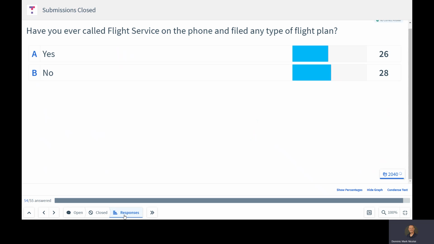All right, I'm not surprised by this one, because there are multiple ways to get a flight plan into the system. Calling up flight service is one of the methods. Obviously, there's no correct answer for this one, but you did get participation credit for it. Next question.